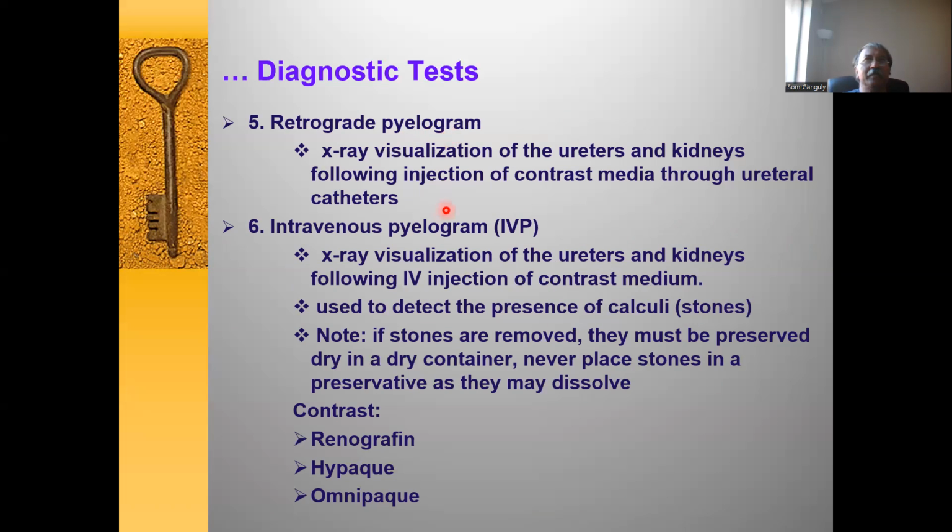So what they're doing is they will insert a catheter. We call that a ureteral catheter, because the catheter goes through the urethra, and the surgeon advances the catheter through the ureteral orifice into the ureter, all the way up to the kidney.